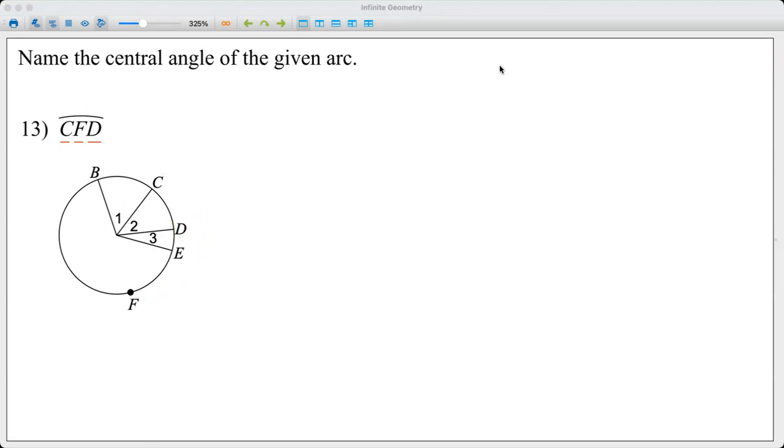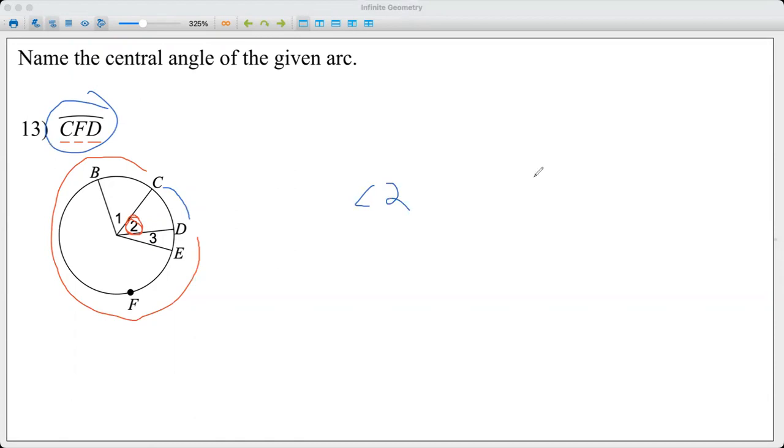So I went in the wrong direction. So I want to go in the other direction, from C to F, and then finally to D. And notice what's left over is this angle 2. And so angle 2 technically names 2 things. It names minor arc CD, and it names major arc CFD. So this answer is angle 2.